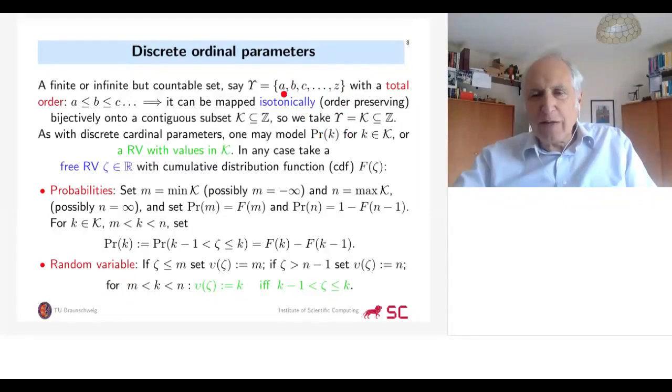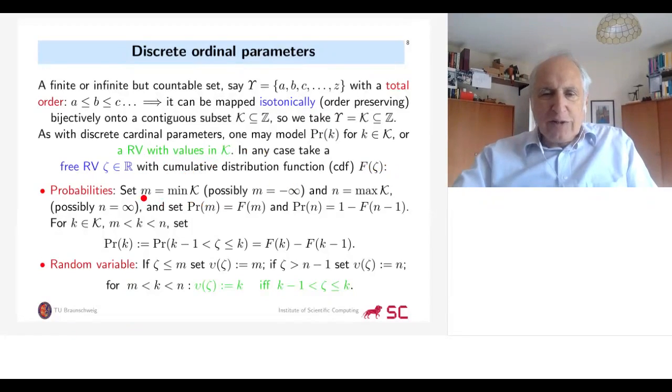But the probability of 1 is the probability of A in this case, this example that I just made. Okay, so again, we take a random variable with real values. Okay, so we want a random variable with values in K, and we take a free random variable again here with cumulative distribution function zeta. Okay, and we set then the integer m, the minimum of this K here.